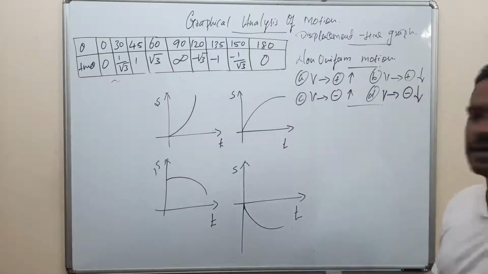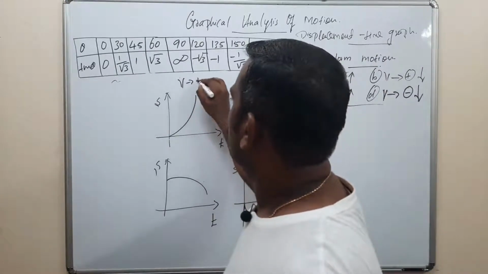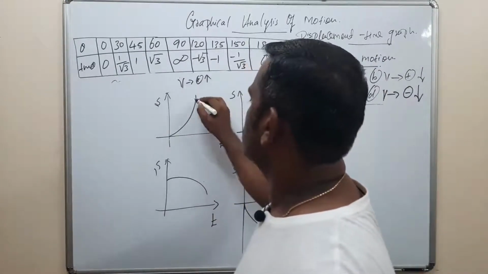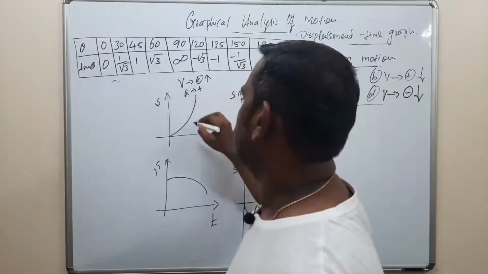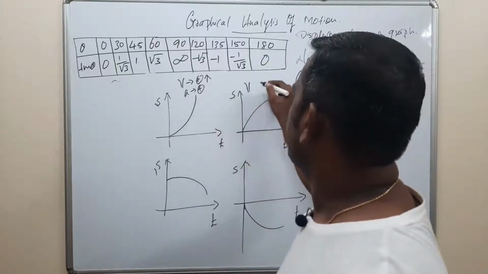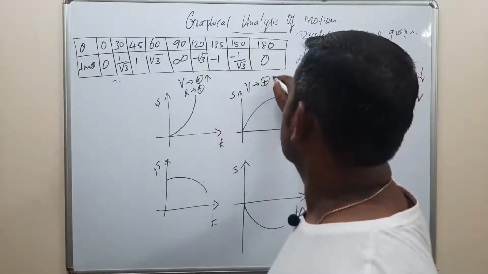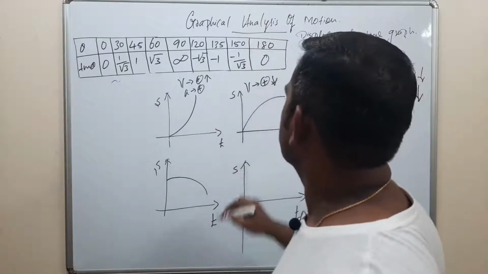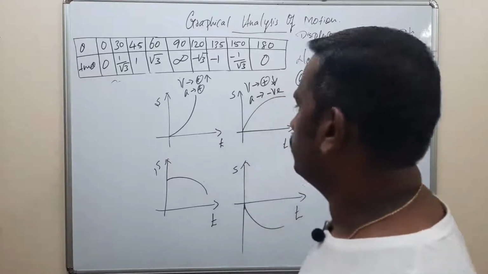Here velocity positive increasing, acceleration positive. Velocity positive decreasing, acceleration negative.